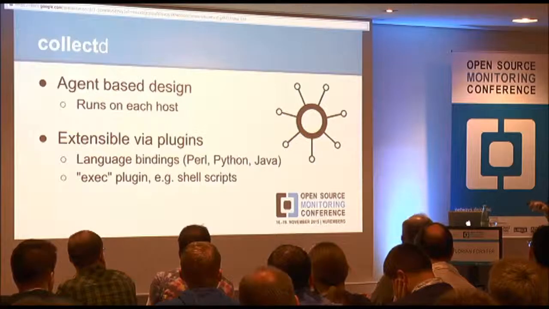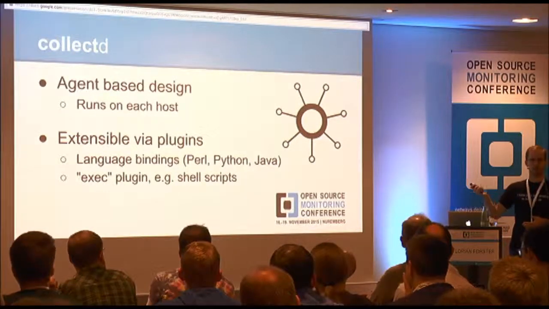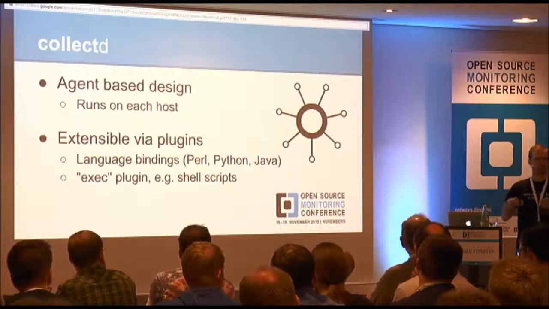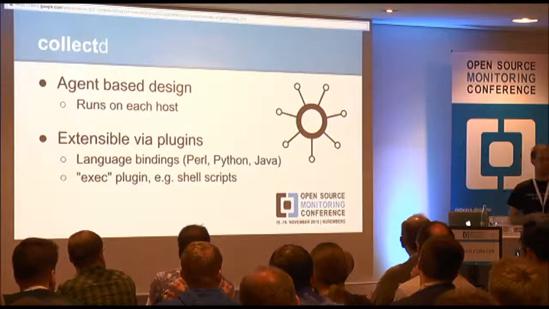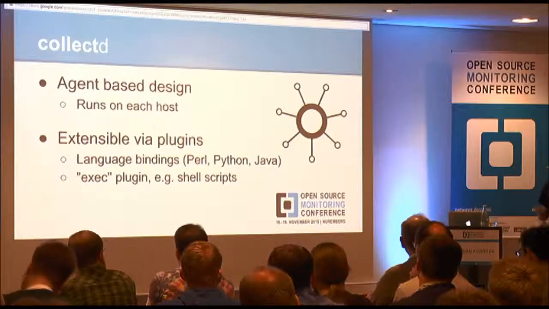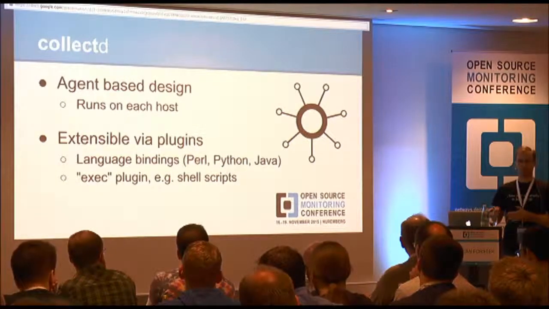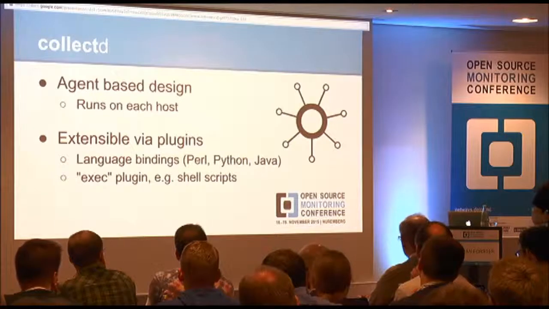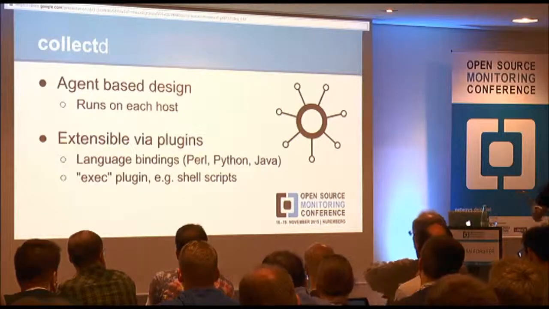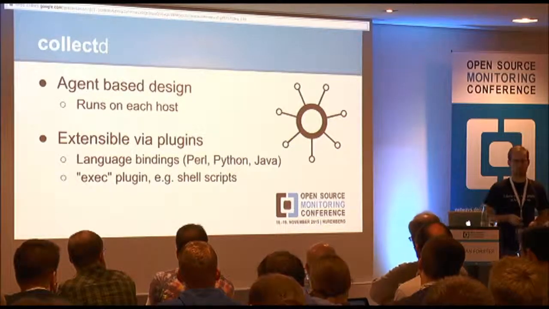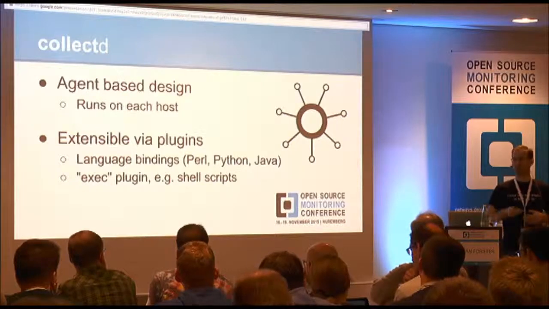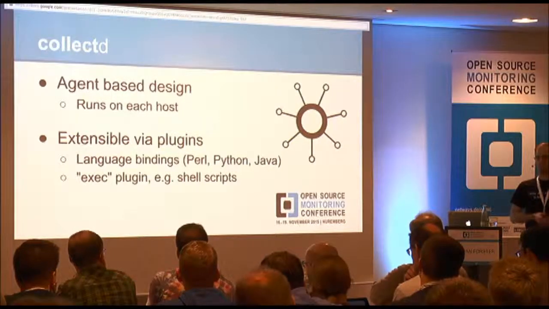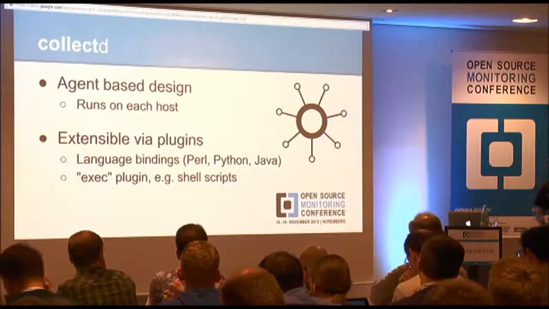And I'm currently in the process of implementing support for Go so that you can compile Go code and load that as a shared object natively into collectd. You can also execute shell scripts or any other executable binary that you might have via the exec plugin, and that will then do whatever you want it to do and report back via a very simple line-based protocol to the daemon.